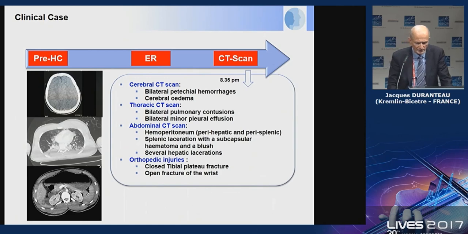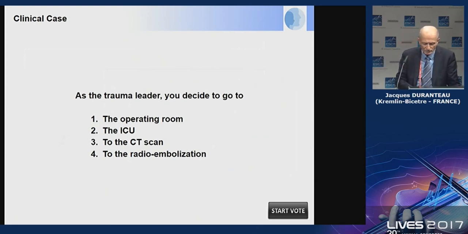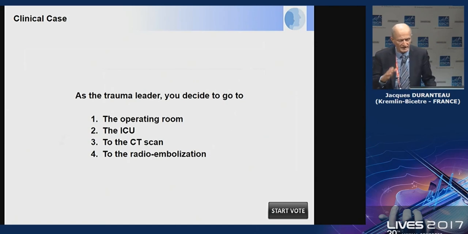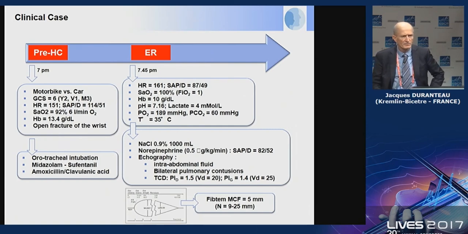So we go to the CT scan. I will show you the CT scan after, but at this time, the first question is what is, in your opinion, what we have to do, because the patient is unstable. I have this doubt about the brain injury.